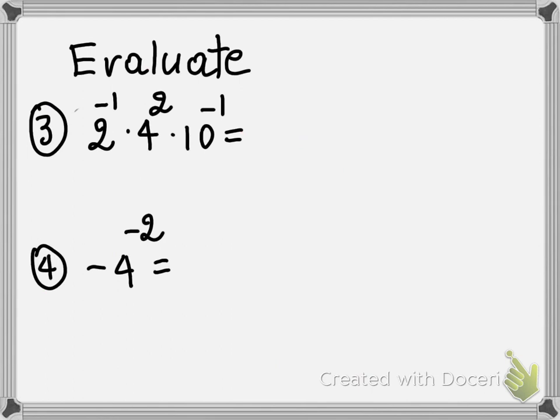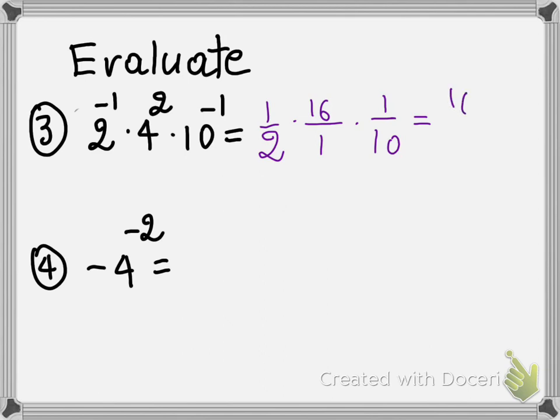On these next two examples, we're going to evaluate using the rules of powers. So 2 to the negative 1 is 1/2 times 4 squared, which is 16, and we can write that as 16 over 1 times 10 to the negative 1 is 1 over 10. So let's evaluate.